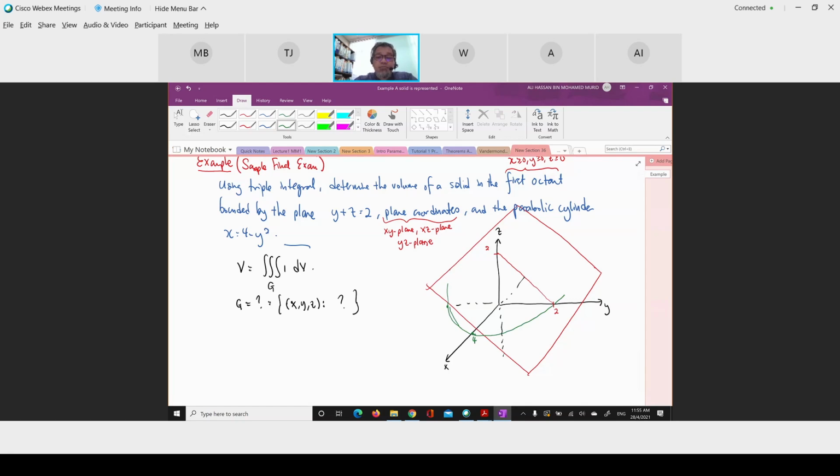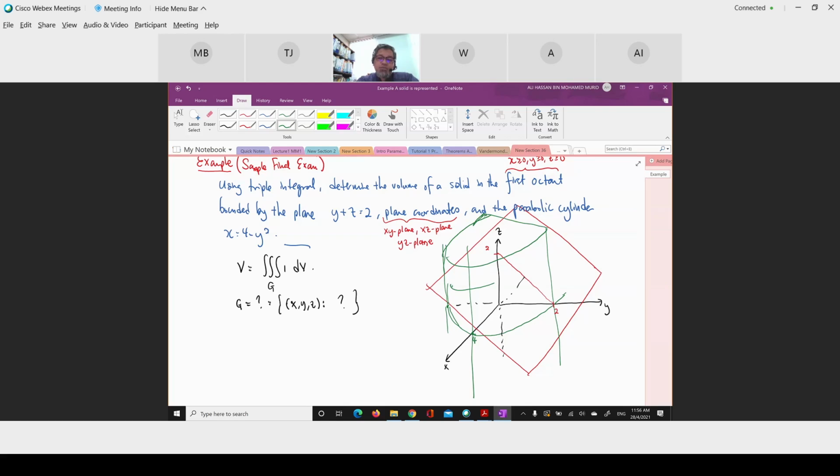It means you have shapes that look like this. This parabolic cylinder we slice with a plane, in the first octant only. Can you imagine how this 3D object looks?